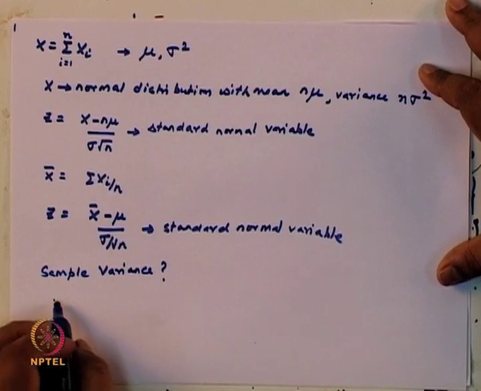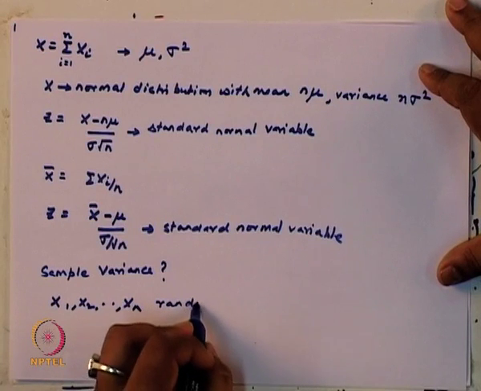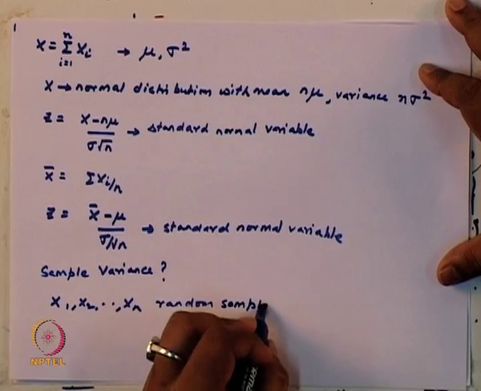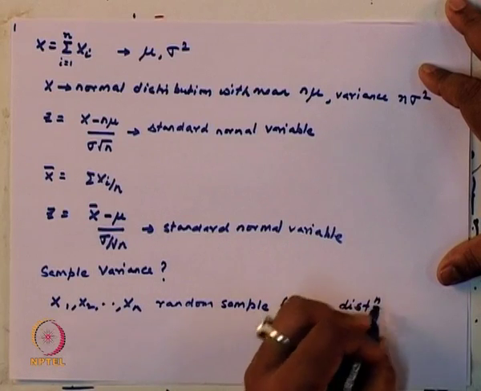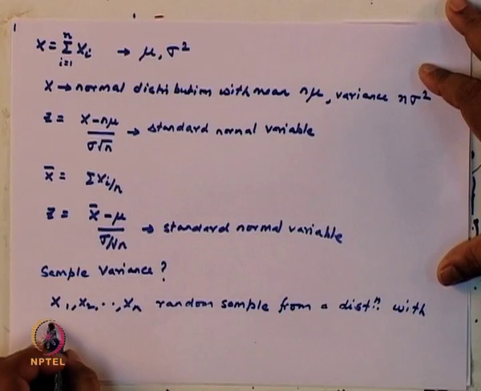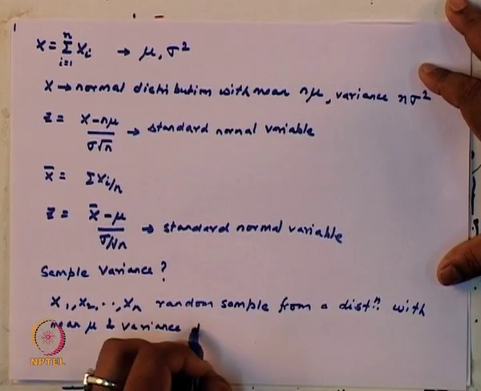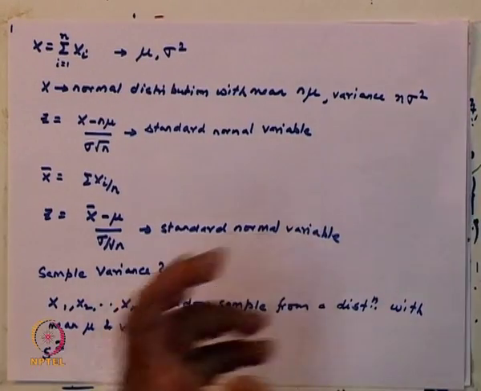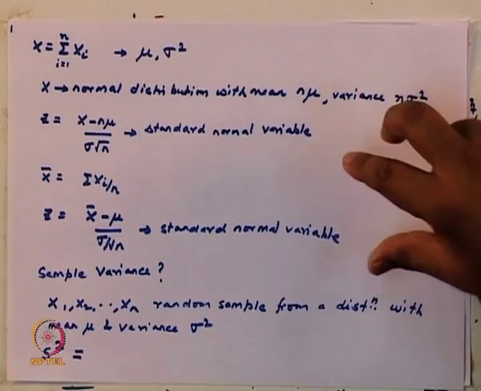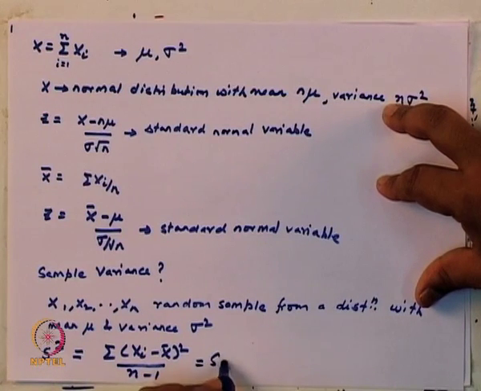If you have x1, x2, ..., xn as a random sample from a distribution with mean mu and variance sigma square, I will define my sample variance as S square, equal to the summation of (x_i minus x bar) whole square by n minus 1. So this is the sample variance.